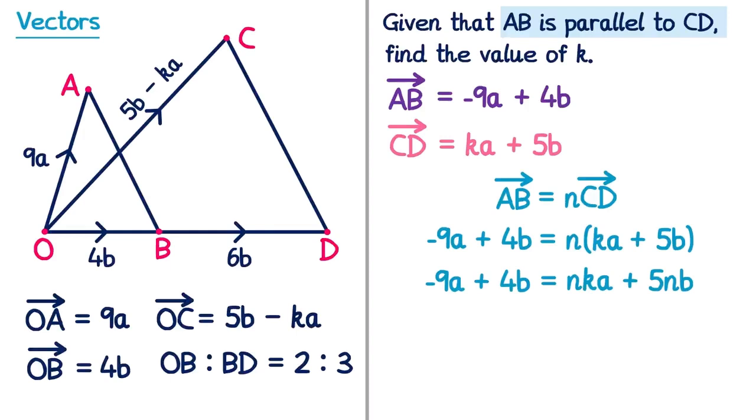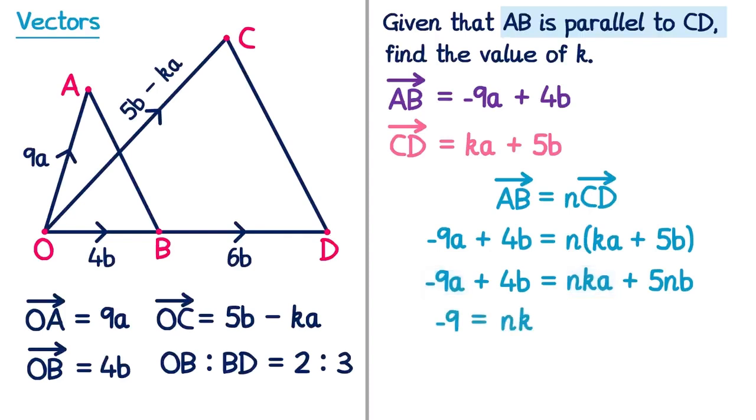So if we look on the left hand side, we have negative 9a, and on the right side we have nKa. This means that negative 9 must be the same as nk. So we write that down as an equation, negative 9 equals nk.